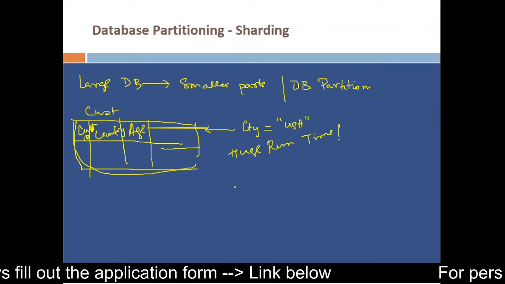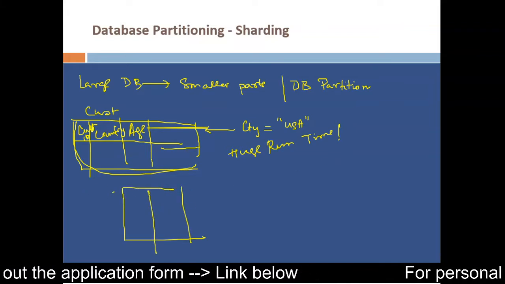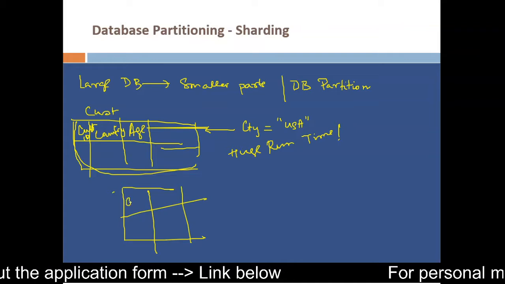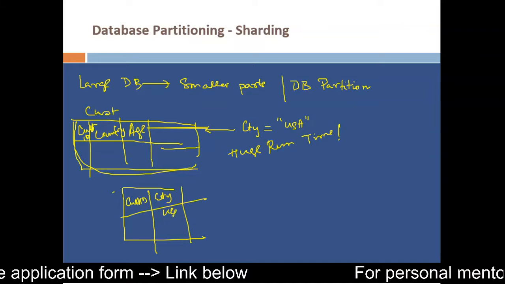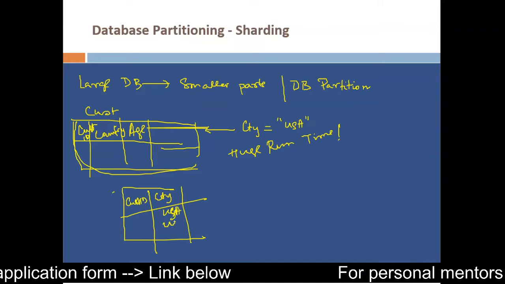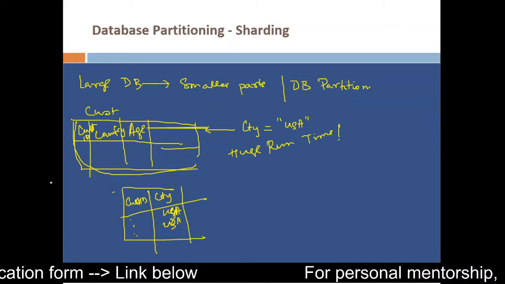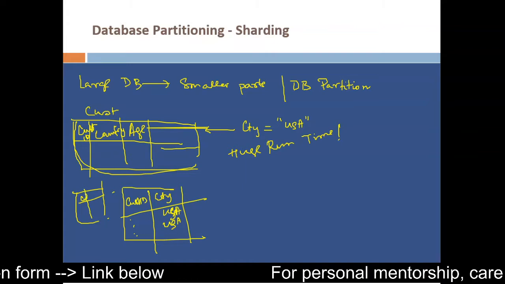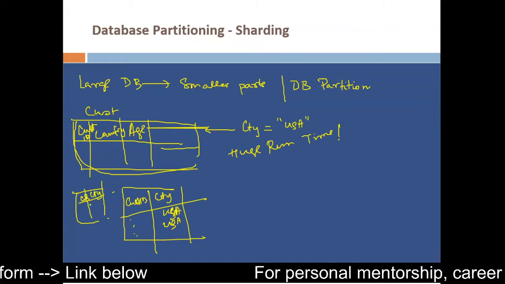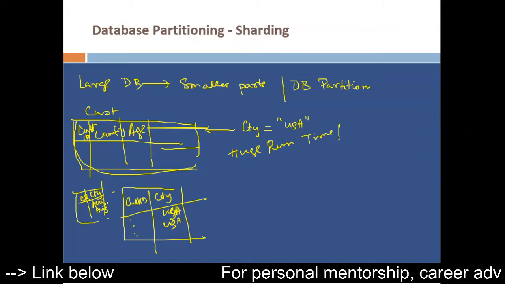Now imagine on the other hand you have individual tables for customers for the different countries. So you have USA, and all the customers stored here. Similarly, imagine that you had another table out here where you had customer ID and country, maybe Australia, somewhere else.